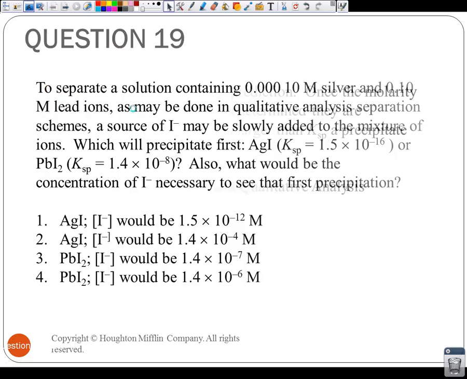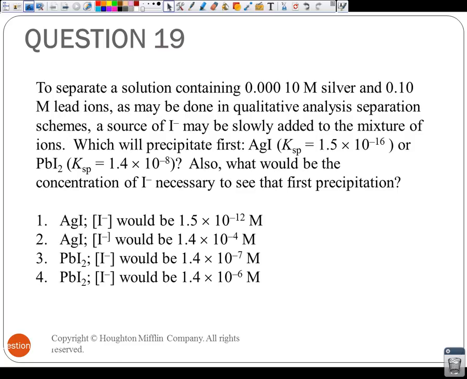Skip that. So separate a solution containing barium.